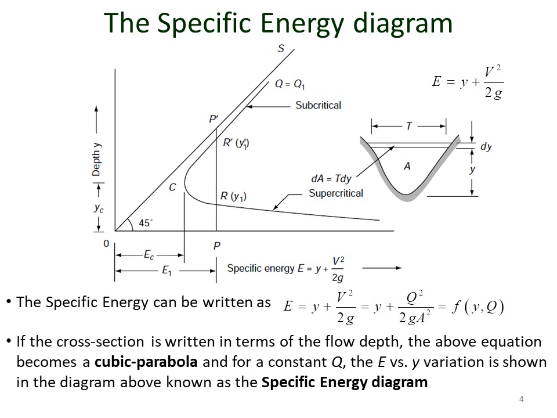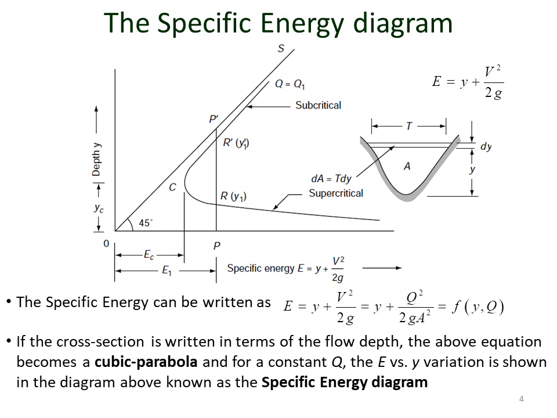The specific energy can be written in terms of the flow discharge as E equals Y plus capital Q square by 2G capital A square, where A is the flow cross section. In this case, the specific energy becomes a function of the flow depth and the discharge.